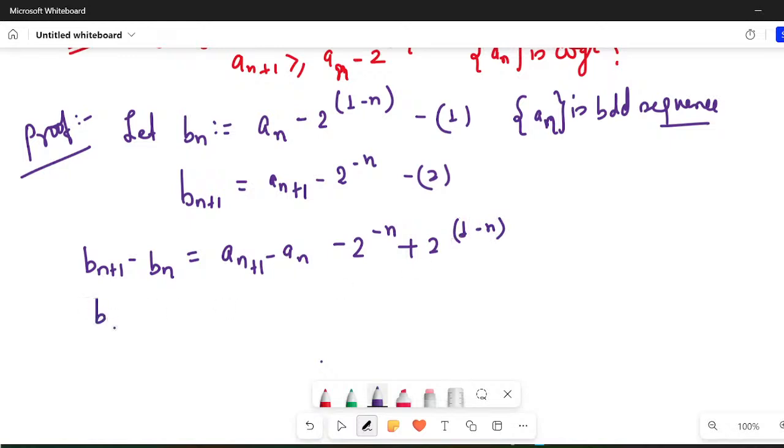So eventually b(n+1) minus bn would be equal to a(n+1) minus an, and minus what? I take 2 raised to power minus n common, and then I will get what?